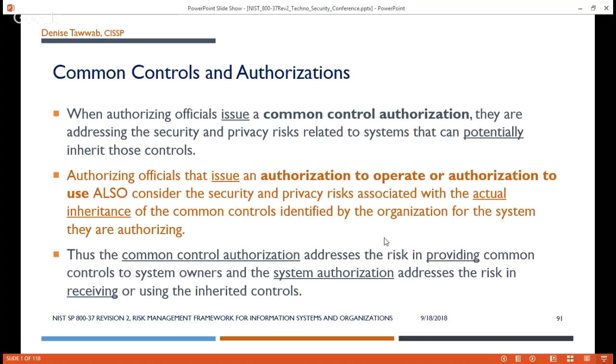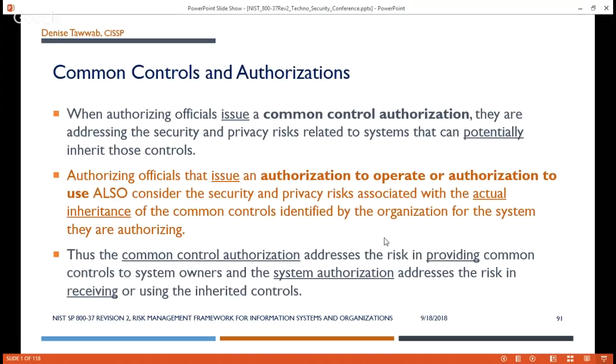Okay, common controls and authorizations. When your authorizing officials issue a common control authorization, they're addressing the security and privacy risk related to systems that can potentially inherit those controls. Authorizing officials that issue an authorization to operate or authorization to use also consider the security and privacy risk associated with the actual inheritance of the common controls identified by the organization for the system they are authorizing.